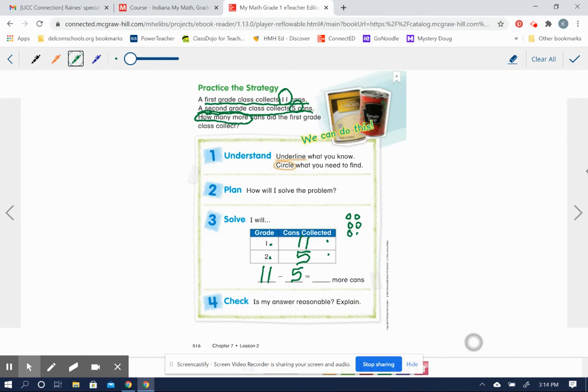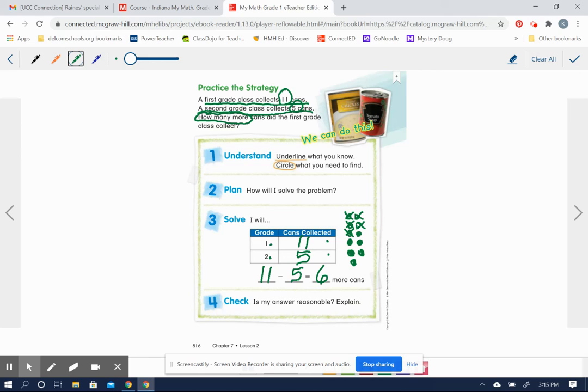So 11 minus 5, you can either count back to find that, or you can draw counters. 11 counters. There's 6, 7, 8, 9, 10, 11. And then put X's on 5 of them. 1, 2, 3, 4, 5, because that's how many we're taking away. And how many are left? 1, 2, 3, 4, 5, 6.